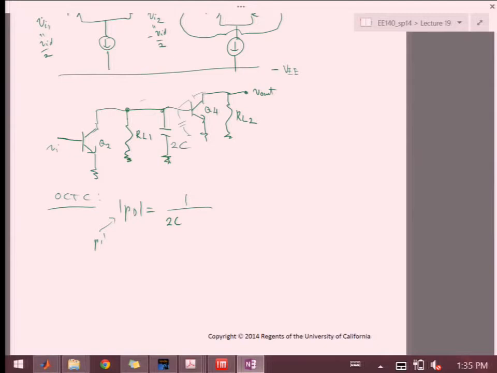We can write it, okay, RO2 in parallel with what? RL1. And then plus if there's some RB, that will be there as well, right? Let's label this as 4, right?